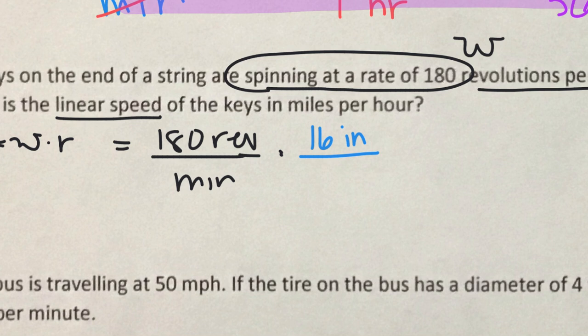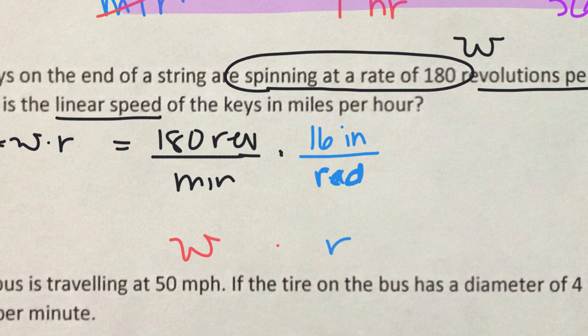We write it as 16 inches per every radian. Radian is one way that we measure angles in a circle. So 16 inches per 1 radian. That's basically an arc length; we're changing it to an arc length. So there is your formula. All that we do is omega times R.